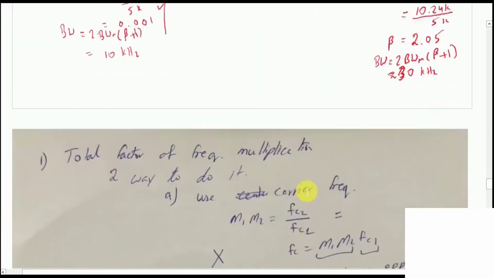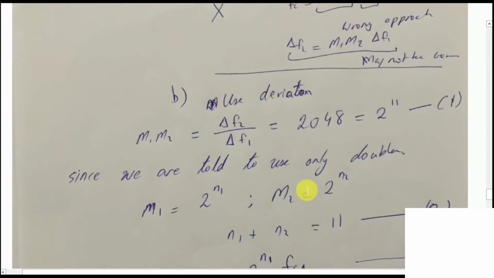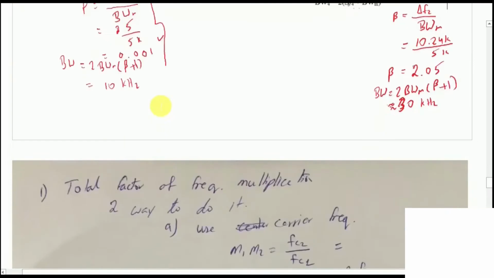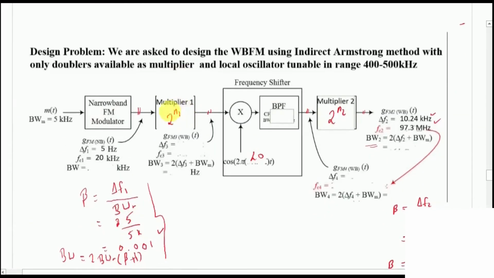The second thing is, since we know that the multiplication M1 M2 is equal to 2 power 11, we can estimate that M1 is 2 power n1, as I mentioned, and M2 is 2 power n2. So the combination of 2 power n1 times 2 power n2 will be equal to 2 power n1 plus n2.